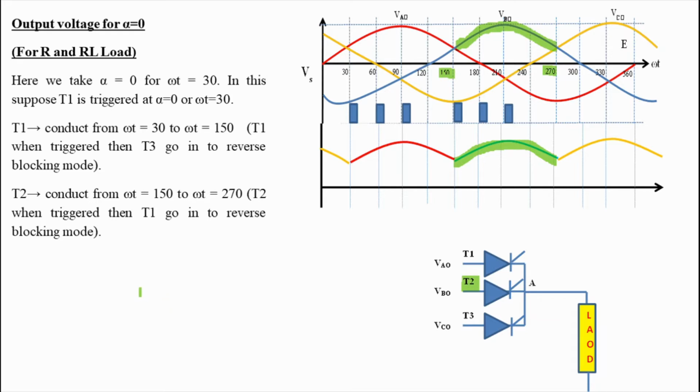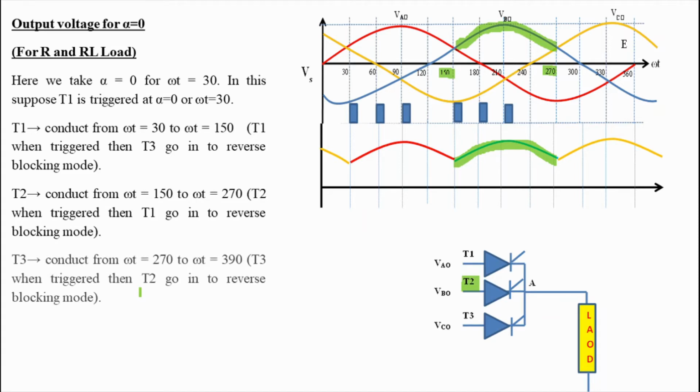Okay. Now see, thyristor T3 is fired at omega t equals 270. When we fire thyristor T3, then thyristor T2 will automatically go into reverse blocking mode. T3 will start conducting, and it will conduct from omega t equals 270 to omega t equals 390 degree.